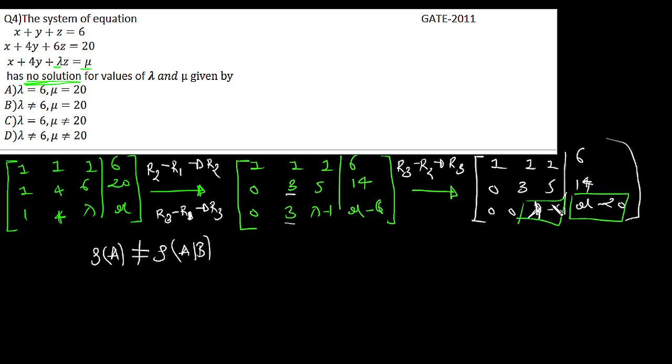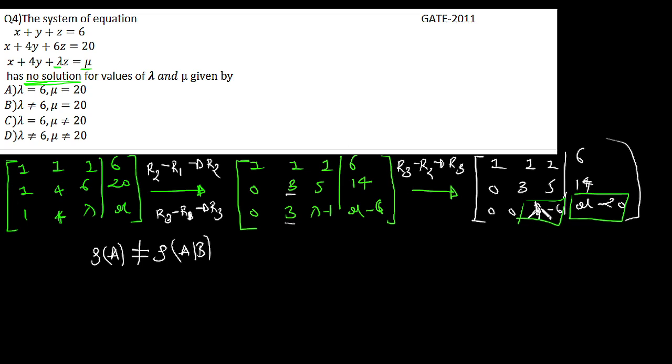If this element is 0, then the rank of the coefficient matrix is 2, and if this element is non-zero, then the rank of the augmented matrix is 3. So the rank of the coefficient matrix is not equal to the rank of the augmented matrix, so the system has no solution.